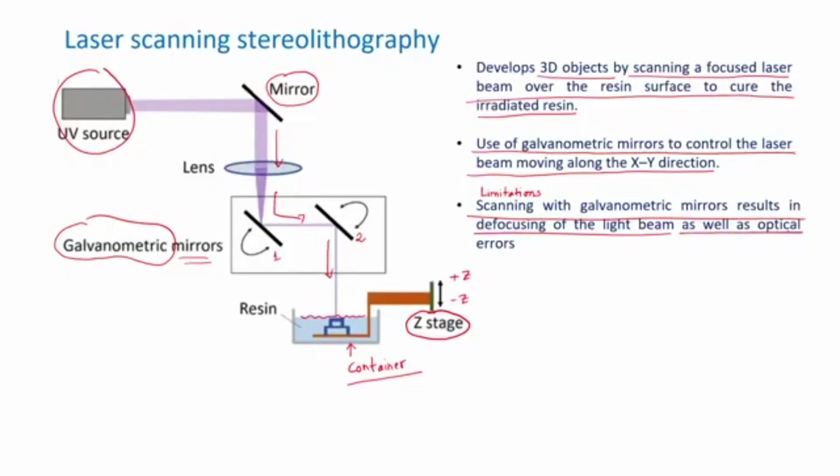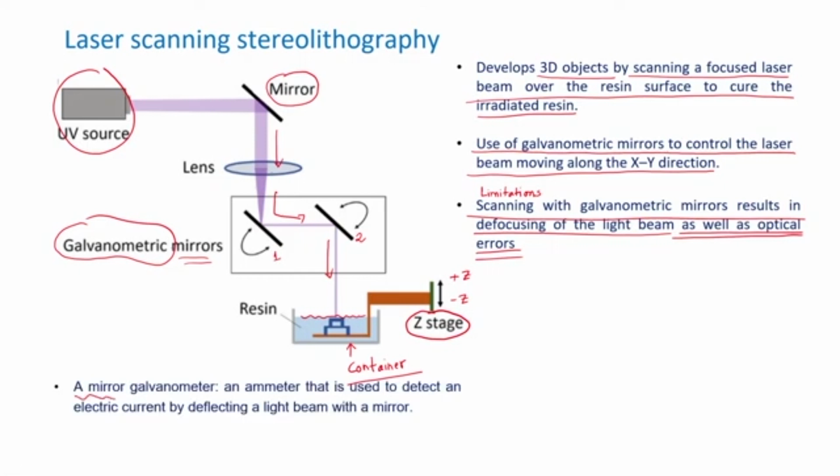When there is defocusing, we may not get uniform heat flux over the surface, we may not get uniform heat application. As there is non-uniform heat application, there may not be proper curing of the resin surface. Also, there may be some optical errors, and due to this non-focusing and optical errors, we may not get the required quality of the 3D product being developed.